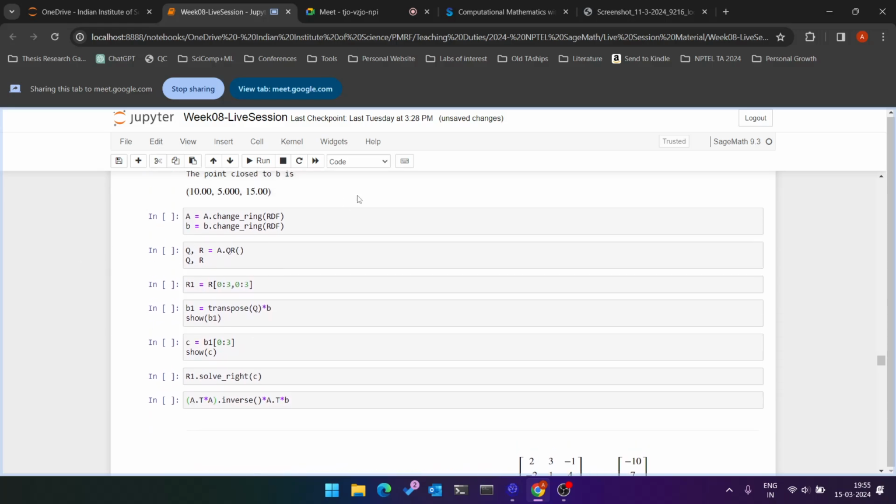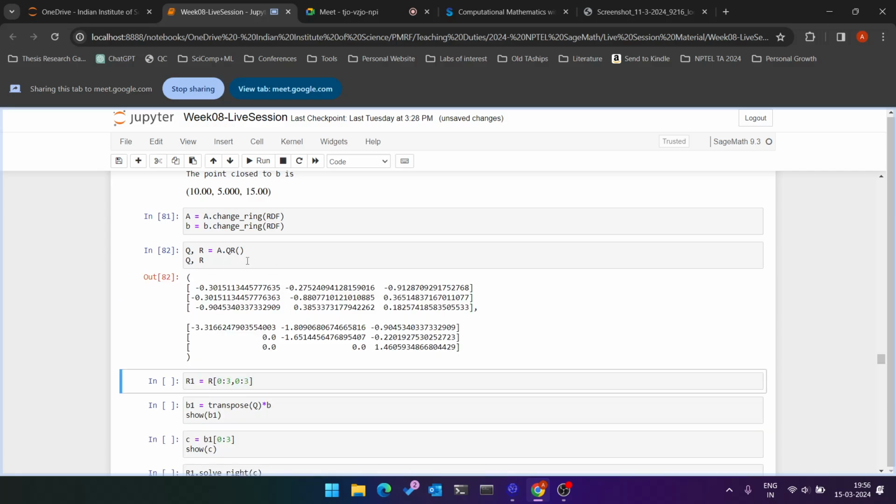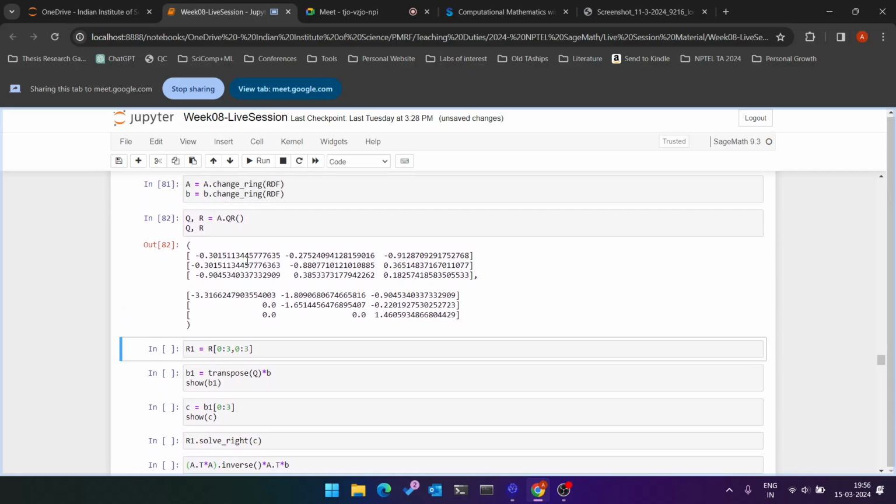Using QR factorization, we first change the ring to RDF for both matrix A and vector B. And the QR factorization is nothing but A equals QR, right? And R is simply an upper triangular matrix.